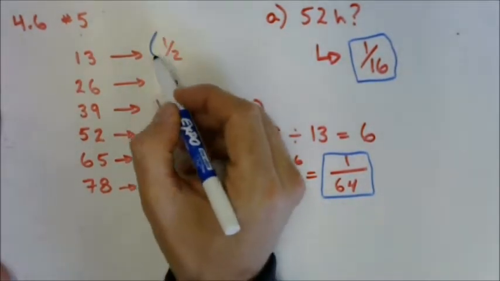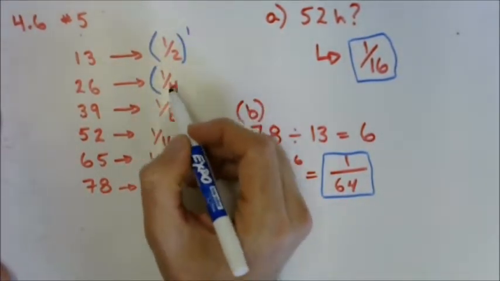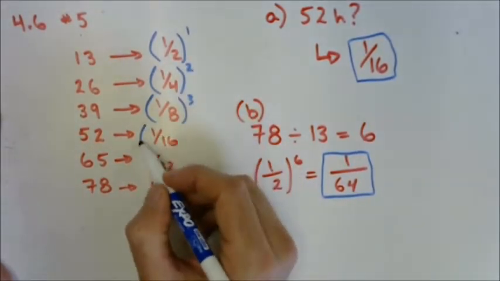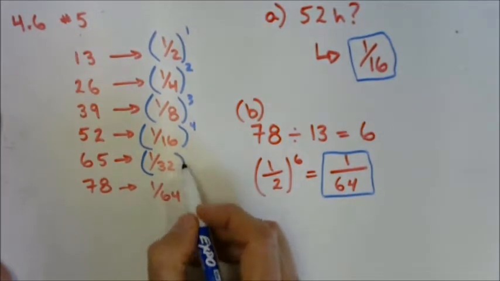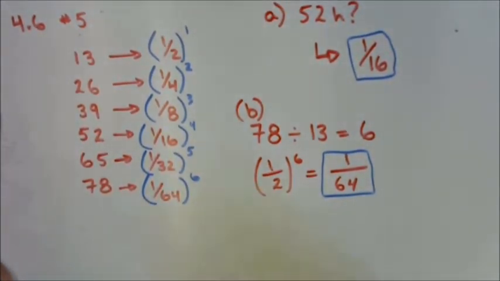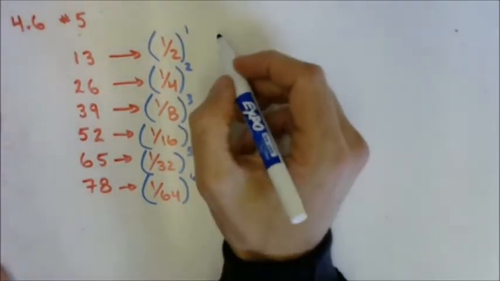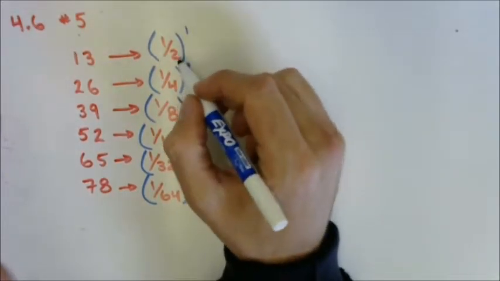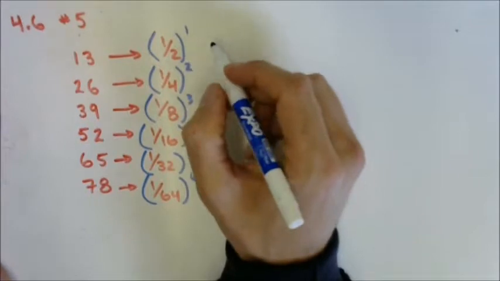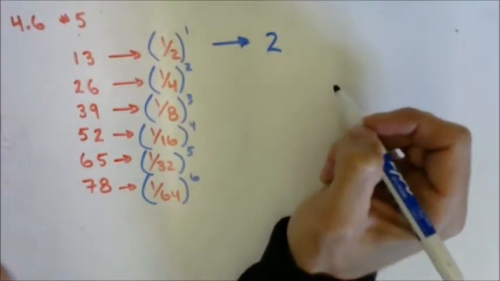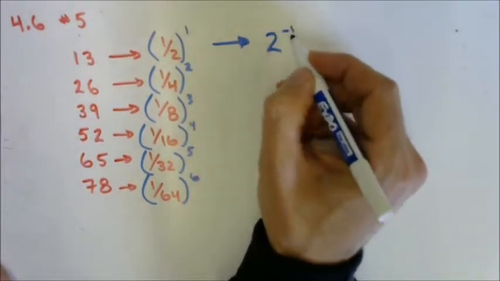If this is 1/2 to the power of 1, and this is 1/2 to the power of 2, and this is 1/2 to the power of 3, 1/2 to the power of 4, 1/2 to the power of 5, 1/2 to the power of 6, then all we need to do is use our rules for exponents, and we know that this is the same as the reciprocal of the negative exponent. So if we take the reciprocal of 1/2, which is 2, and then change the exponent to a negative.